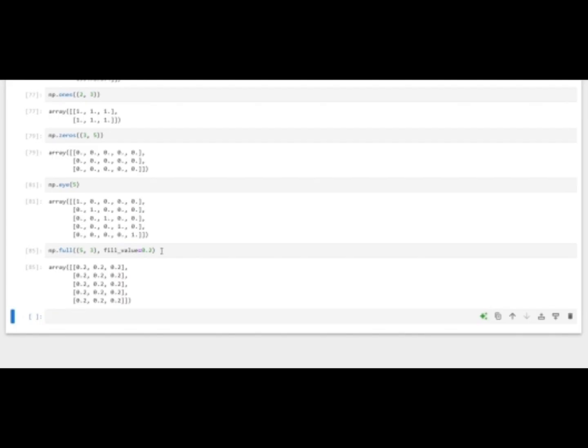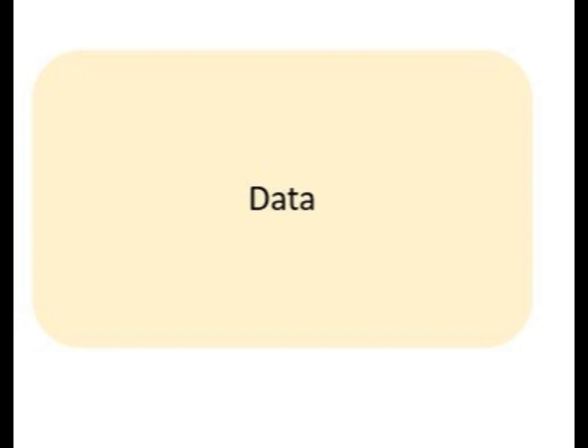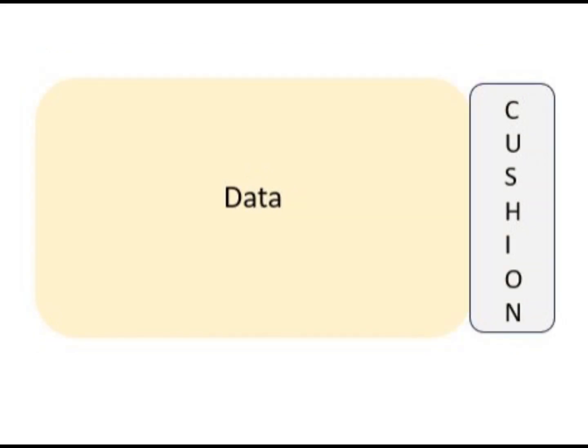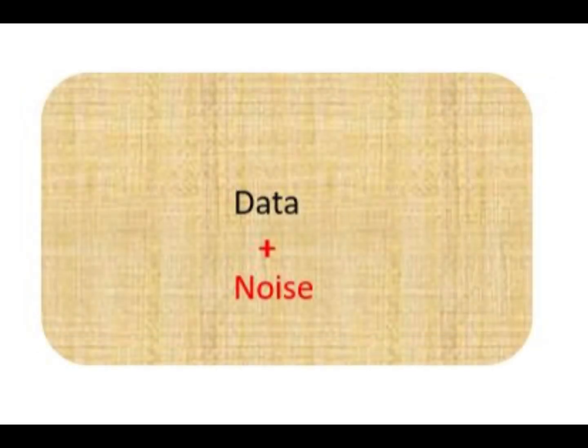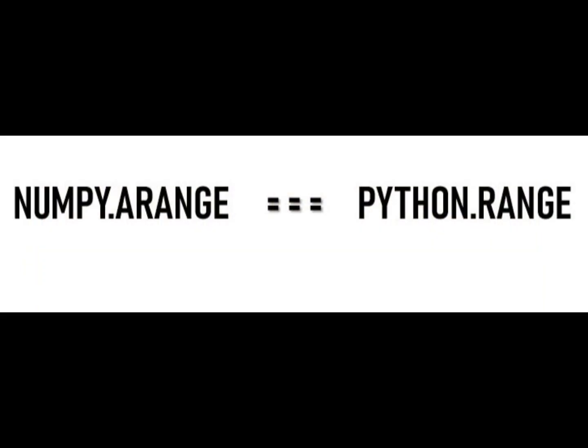Often in artificial learning, you might have to manipulate the data by adding some cushion values or additional noise. So NumPy provides several ways to create vectors or one-dimensional ndarrays with values that adhere to your preferred range. A very common one is np.arange, which is similar to the Python range function.